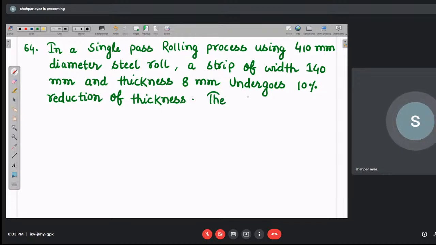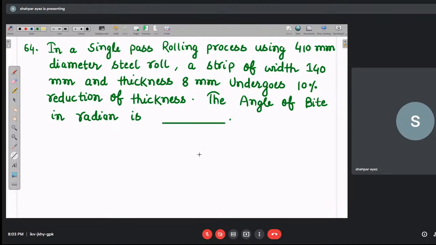The angle of bite in radian. Do it everyone. Bite angle.